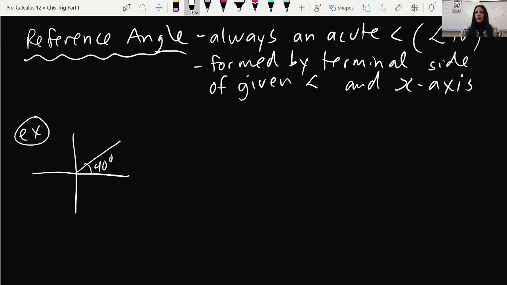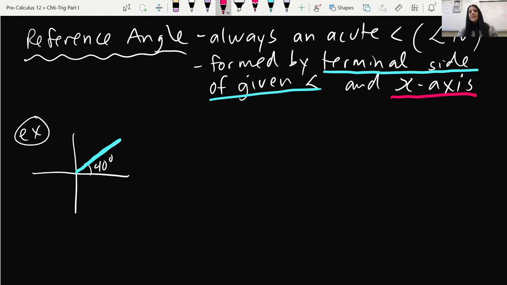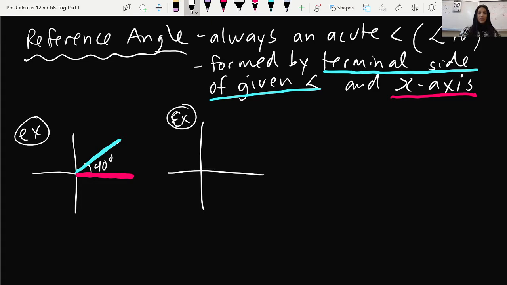So it says formed by the terminal side of the given angle, so that would be this, and the x-axis, and it's always the positive, well, in this case it's the positive x-axis, but I'll show you some examples where it's not just the positive x-axis, but in this case it would be, so where all the x values are positive. So that would be my reference angle. So that's a pretty straightforward example where it already is an acute angle and it's easy for us to be able to spot it out or to see it.